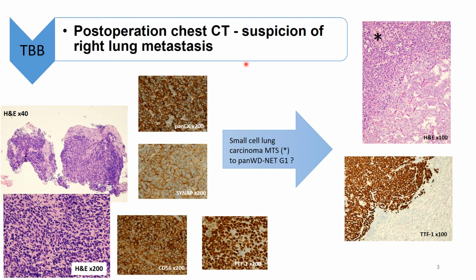But to our surprise, a few months later, a transbronchial biopsy was performed related to abnormal findings on chest computed tomography, and in the histomorphology examination, we saw highly atypical cell infiltration that was similar to the poorly differentiated component in the pancreas tumor.